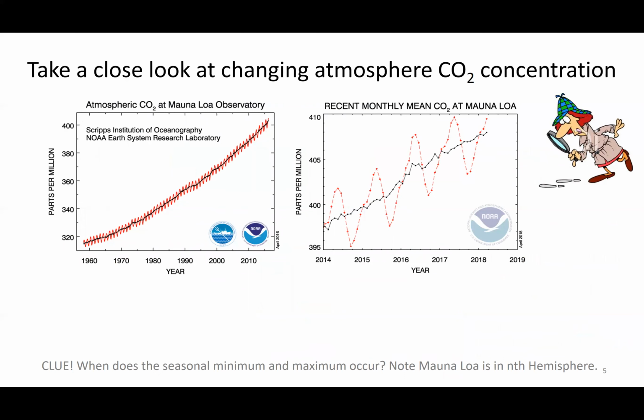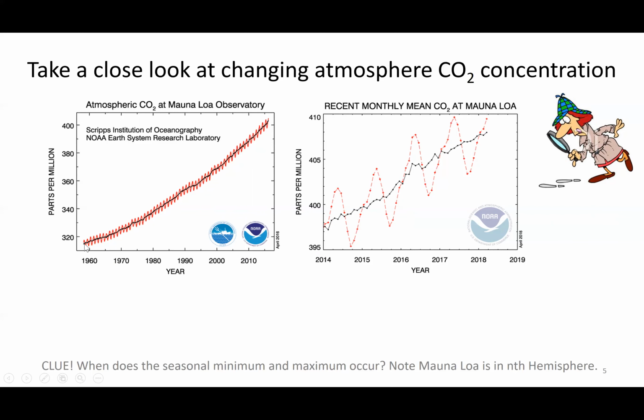So if we look at changing atmosphere CO2 concentrations over the last 60 years since they began being measured closely at the Mauna Loa Observatory in Hawaii, you can see this steadily increasing trend of increasing CO2 in the atmosphere.